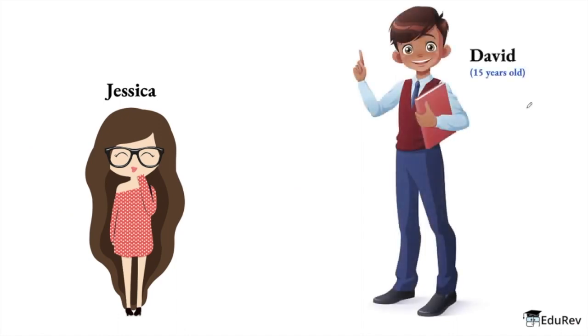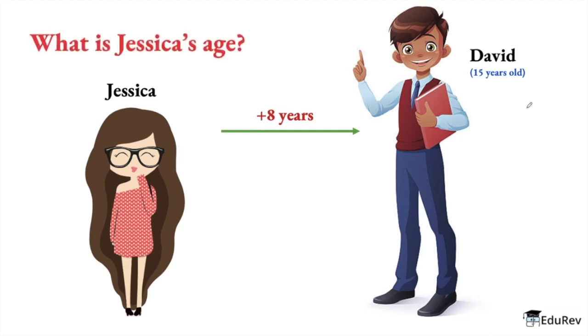Now, David is 15 years old, and David is 8 years elder to Jessica. So we need to figure out Jessica's age. Now, this is a very simple problem, and some of you must have also got the answer. But we need to figure out exactly what is the process that we follow to find the answer.